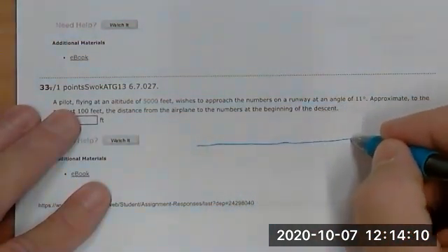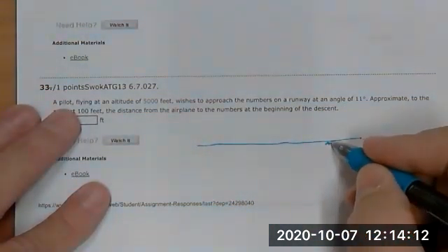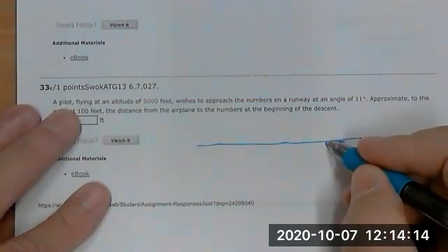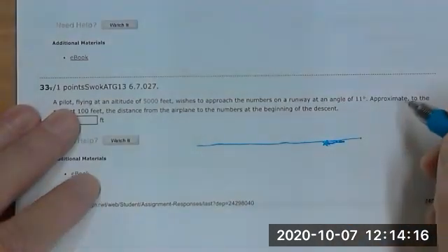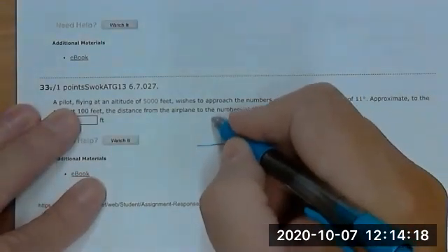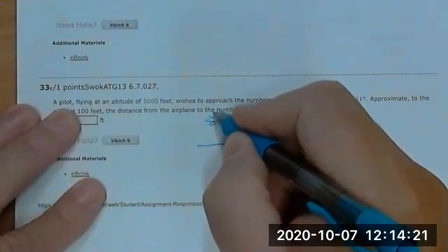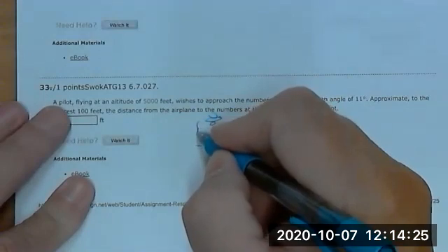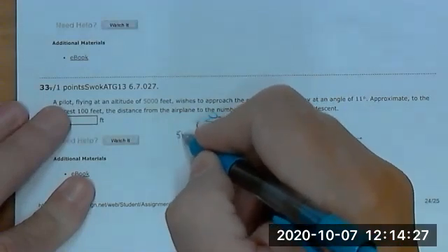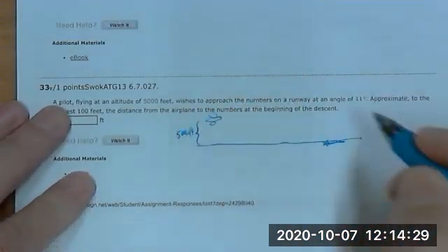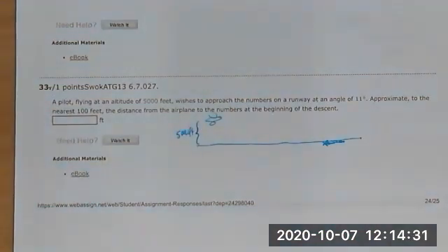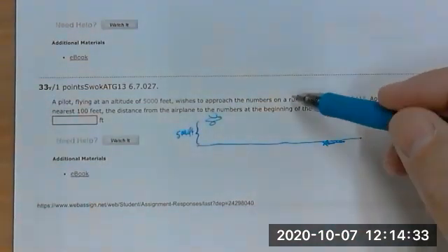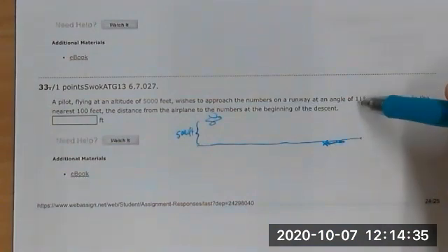If this is the ground, and the numbers on the ground start right here, and here's this airplane, and he is currently 5,000 feet in the air. There's the tricky part. He wants to approach the numbers at an angle of 11 degrees.